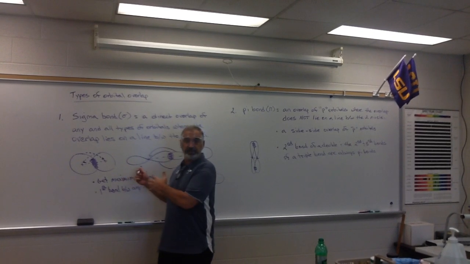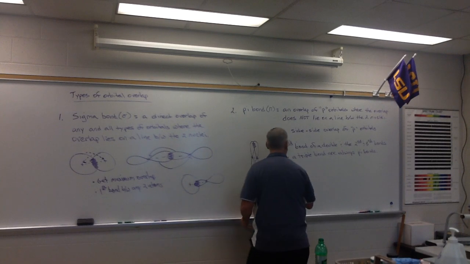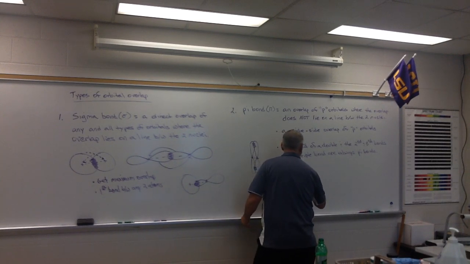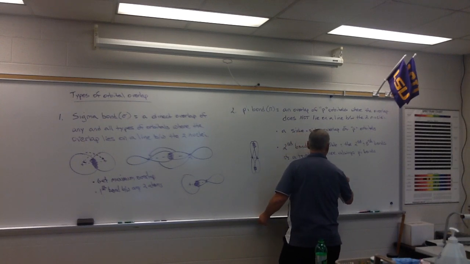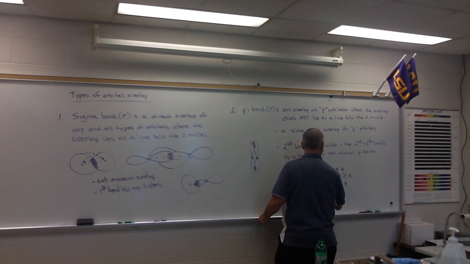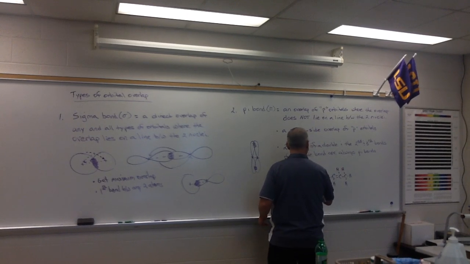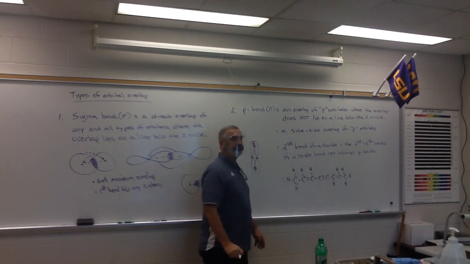On my test, the AP test, you don't have to draw this out and give the definition, but they may give you a compound, something crazy, something that looks like this.